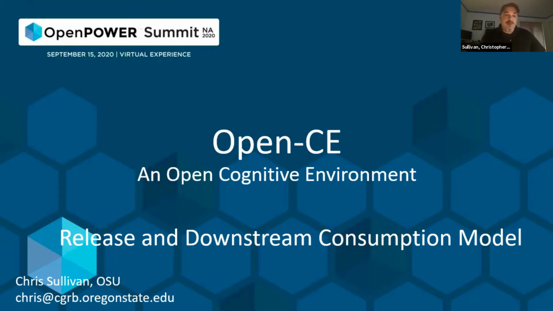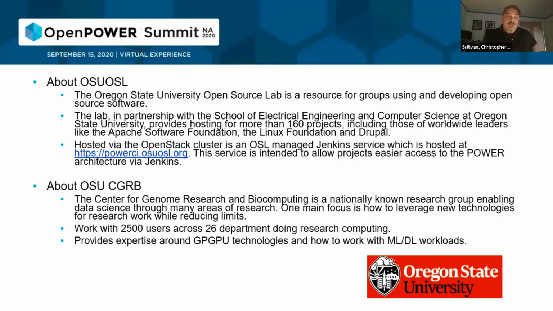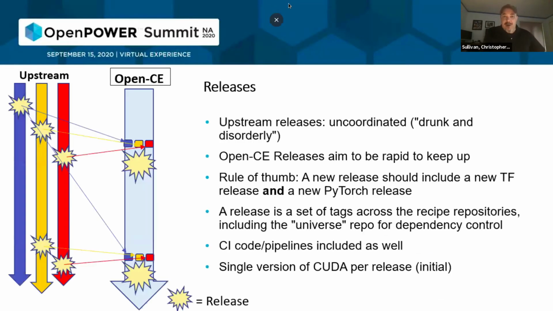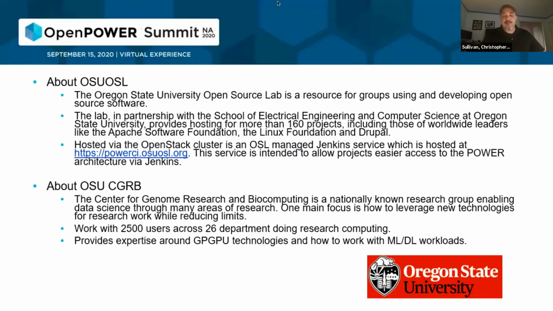All right, so Oregon State University is one of these downstream groups that was leveraging the PowerAI system. And I wanted to give a second about the background on why we do this. Oregon State University has, first and foremost, what we call the Open Source Lab.